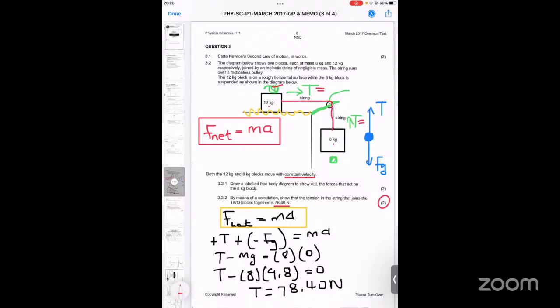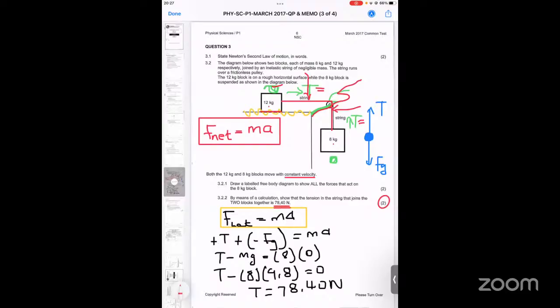Even if we cut it there, the pain experienced there is the same pain experienced on the other side of the cut. So even if we had to use the 12 kg, we were still going to get that answer.